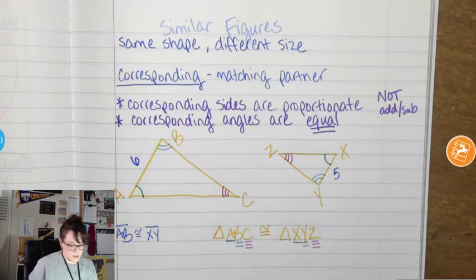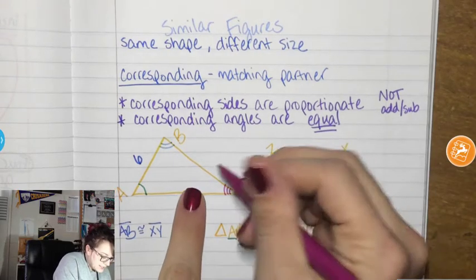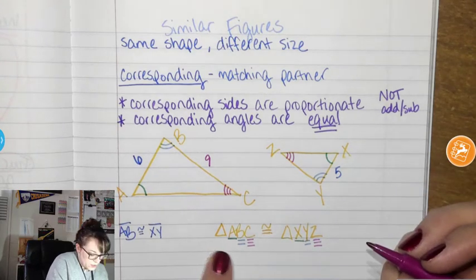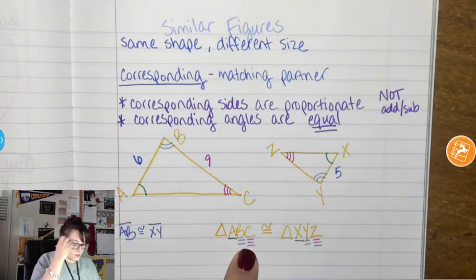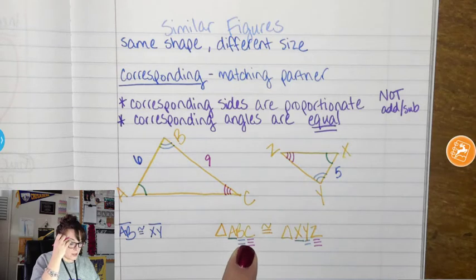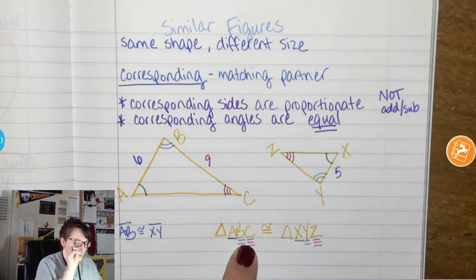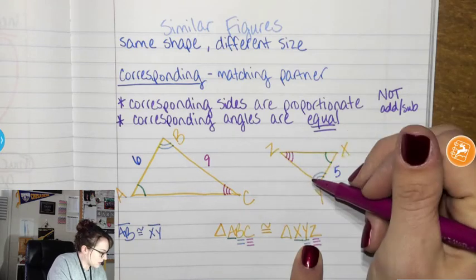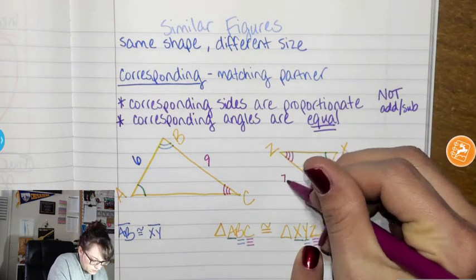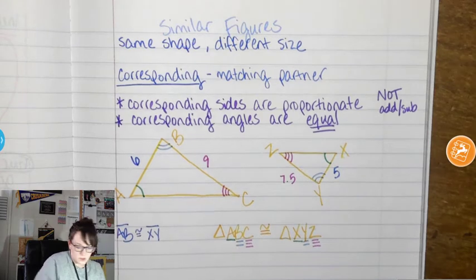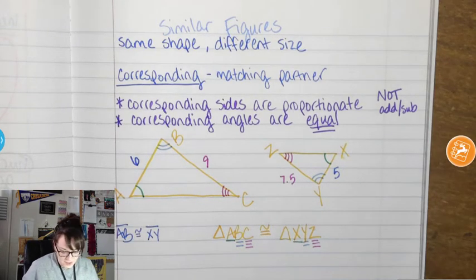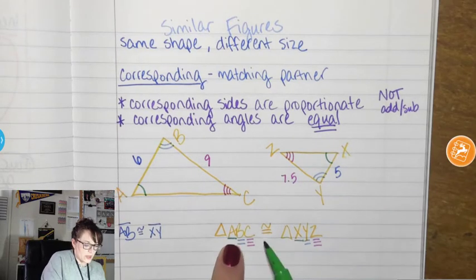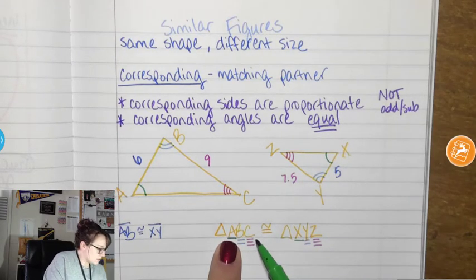And then BC is 9, and which line does BC go with? YZ. So YZ is over here, and it is 7.5. And then the last one is AC. So you've got your first letter and your last letter. It's 12.